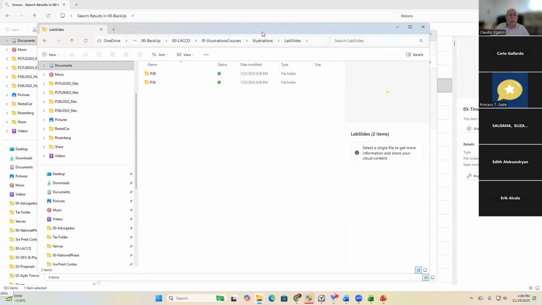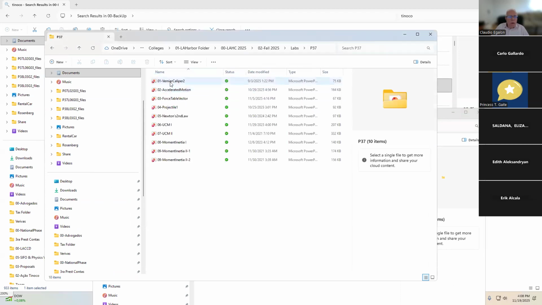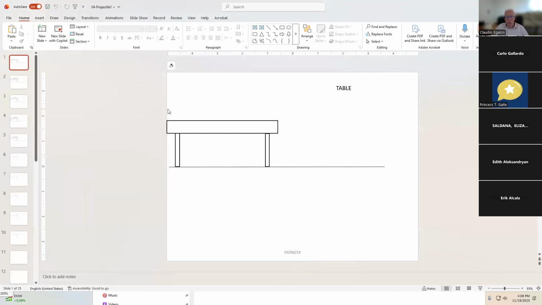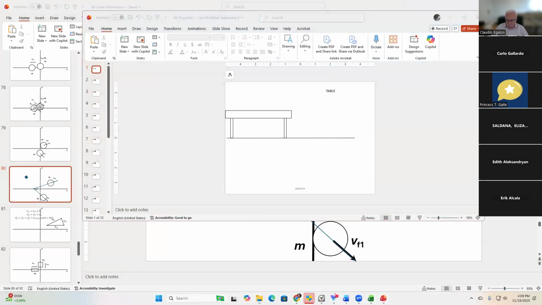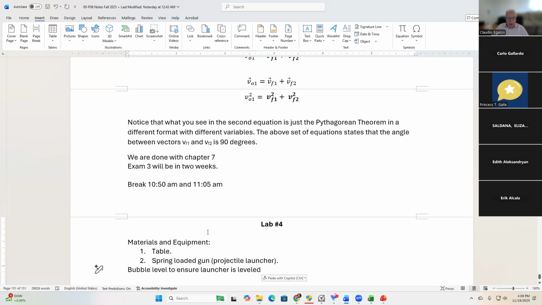Okay, so the next one is going to be projectile motion. Okay, lab 4, projectile motion.